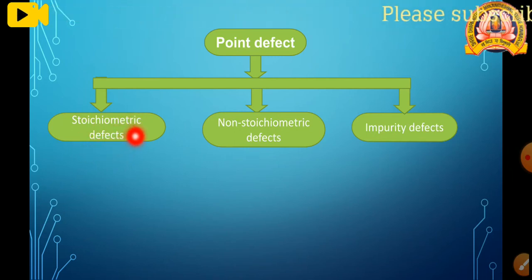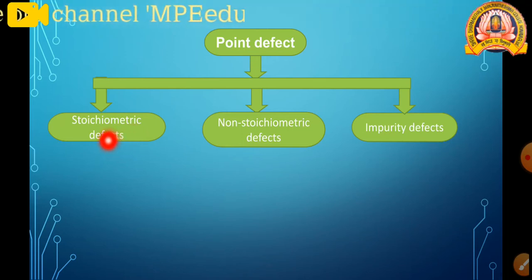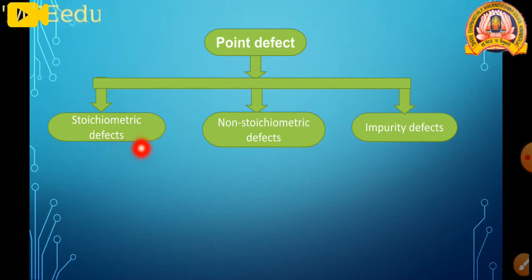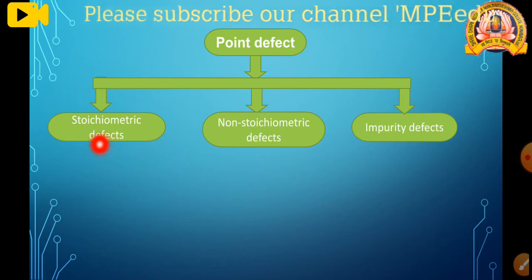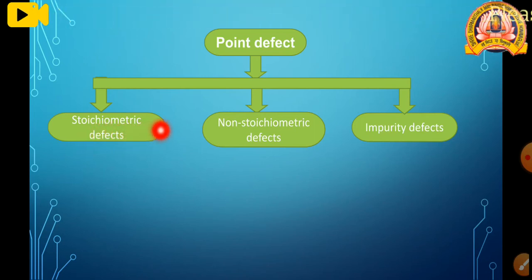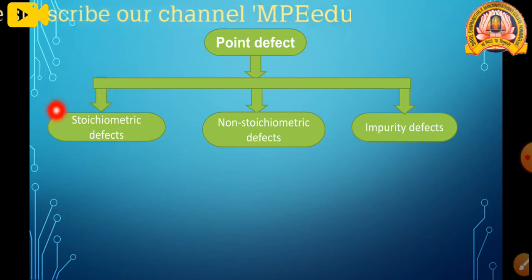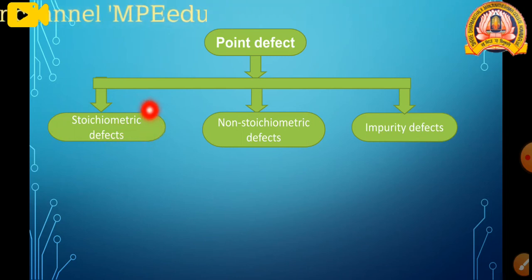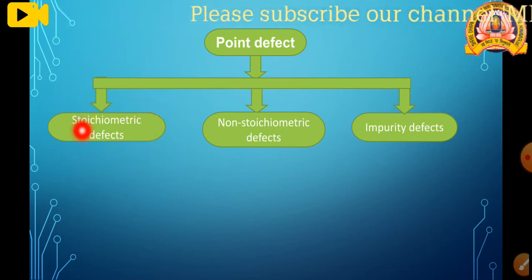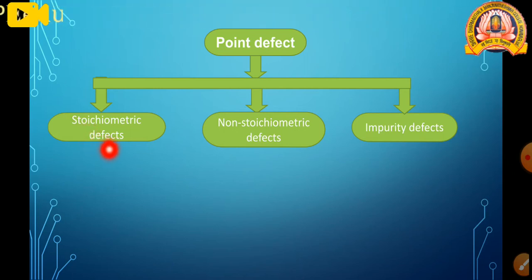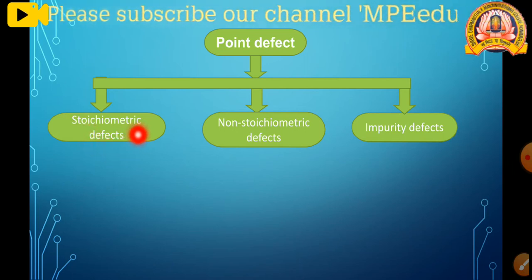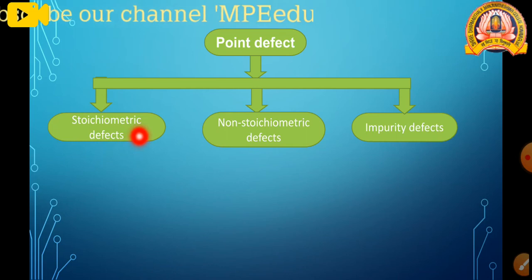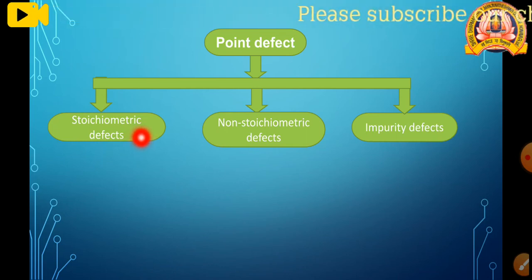And for ionic particles, for example sodium chloride, zinc oxide, AgCl, KCl, the stoichiometric defects are also of two types: Schottky defect and Frenkel defect. What is Schottky defect, what is Frenkel defect, and how we can easily distinguish between them, all that we discussed in the previous video.